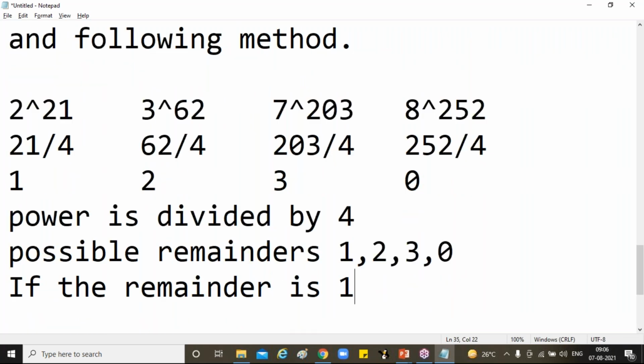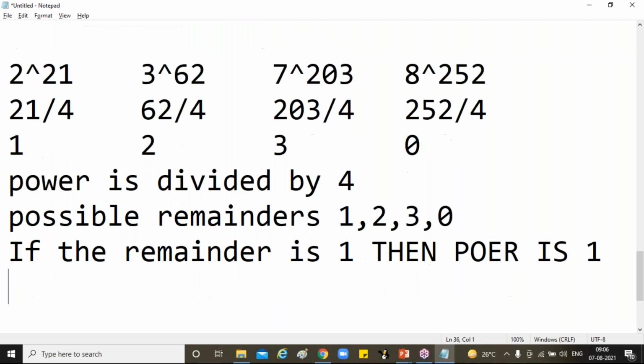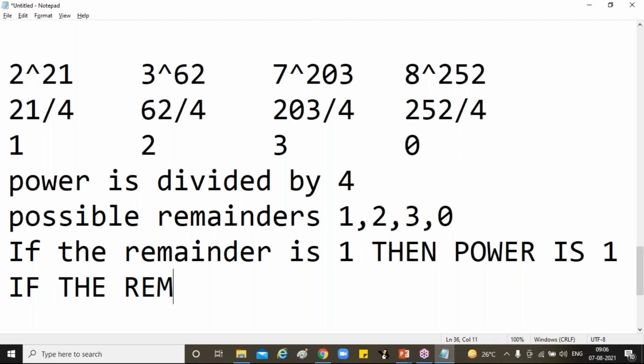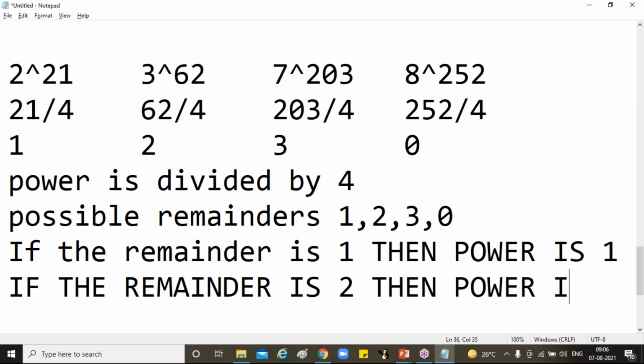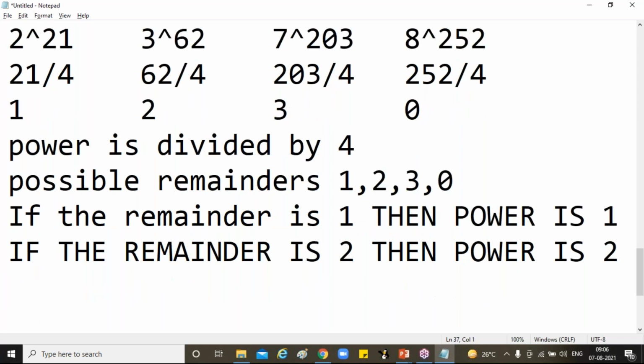So if the remainder is 1, then the power is completely replaced with 1. If the remainder is 2, then the power is 2.